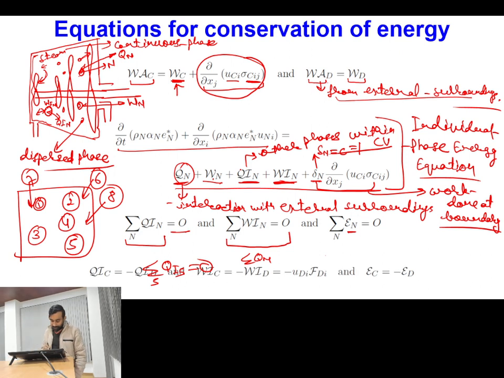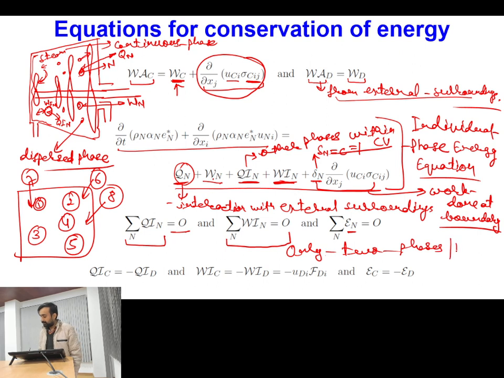So now I am doing another thing. I am considering only two phases, one is the dispersed phase and the second is the continuous phase. In that case, what will be happening?